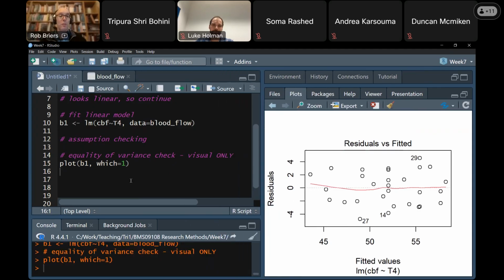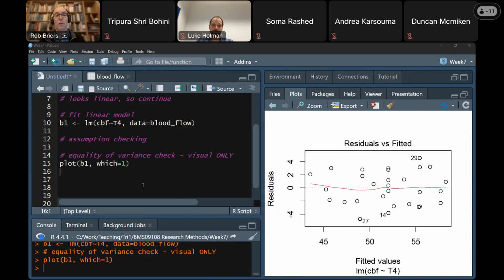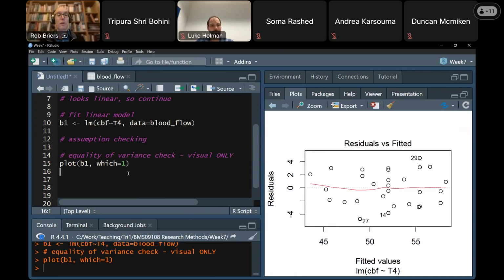So that looks reasonable in this case. So we'll say that's as far as we can tell: no obvious pattern. So it looks reasonable that we've got equality of variance.